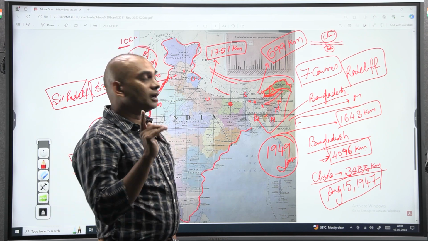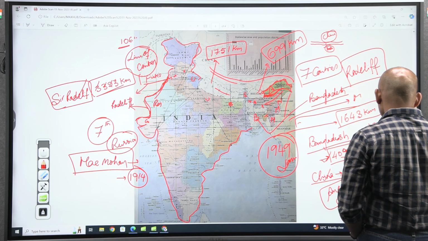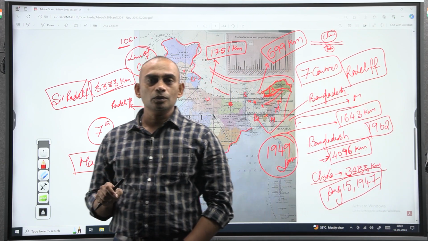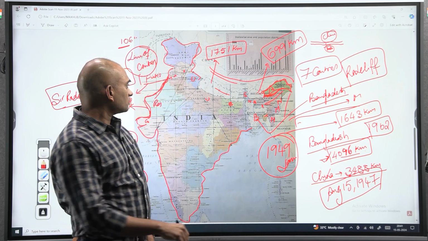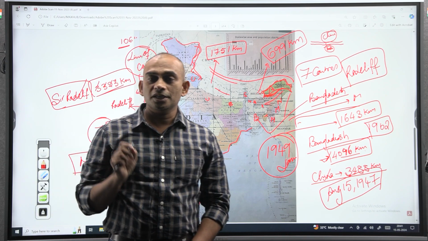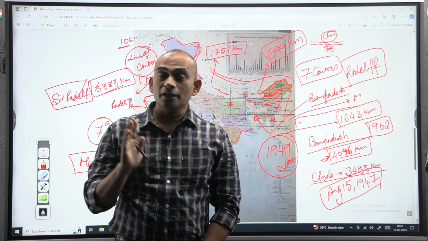After the 1962 war, India and China came to the conclusion that the Line of Actual Control is recognized by both countries. This is the difference between the Line of Control and the Line of Actual Control.